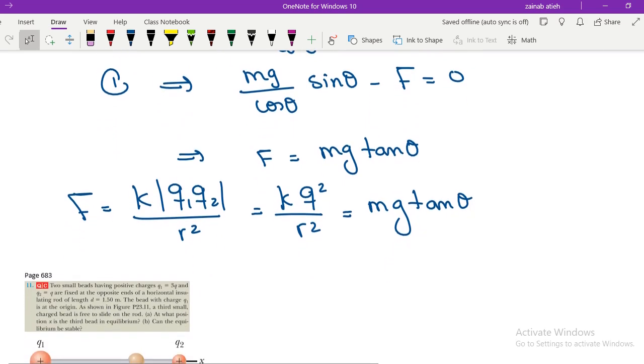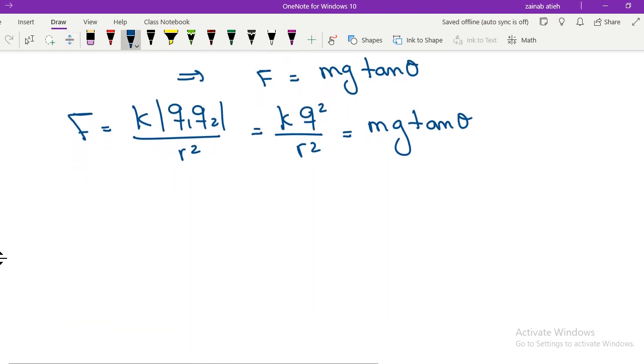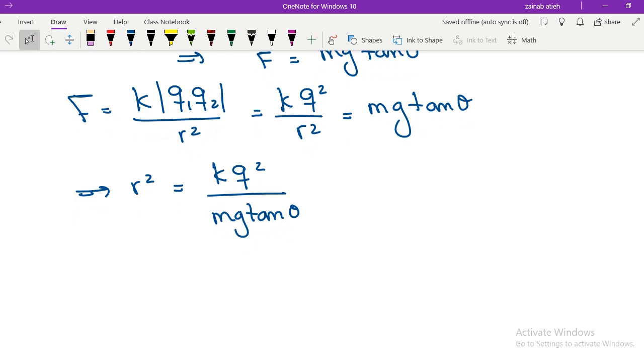Let's find R. I will allow you to see how R is related to L, so I will move a little bit down. This implies R squared is equal to K Q squared over mg tangent theta.